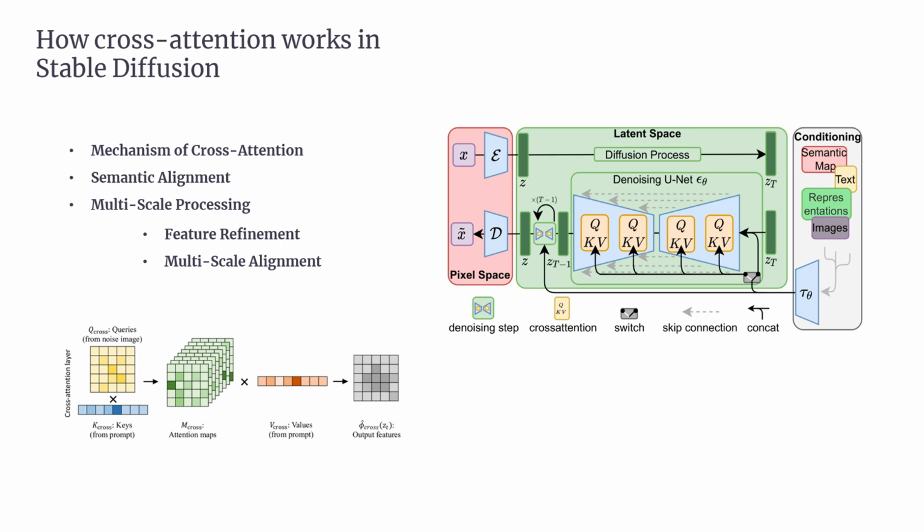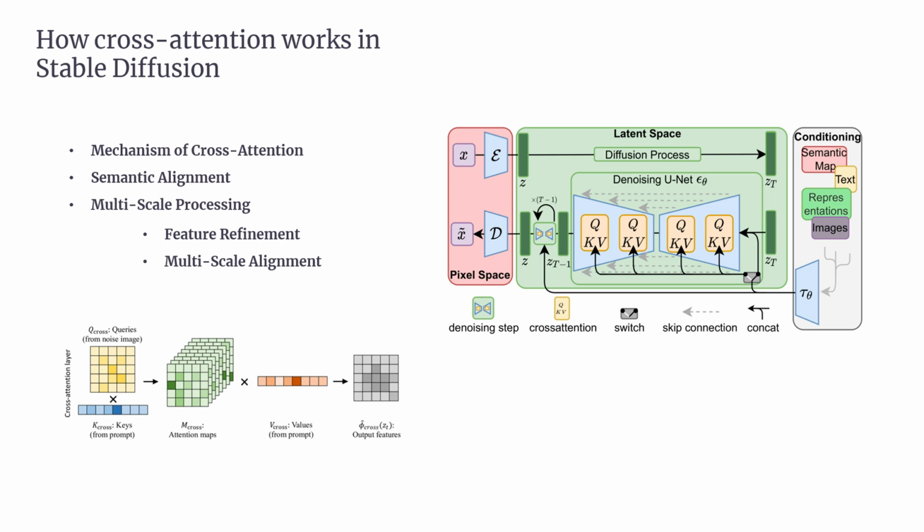Multi-scale alignment. The model applies cross-attention at different resolutions or scales, which allows it to fine-tune the image in both local, small details, and global, overall structure, contexts. This multi-scale alignment is key to creating images that are accurate both in terms of broad features and fine details.